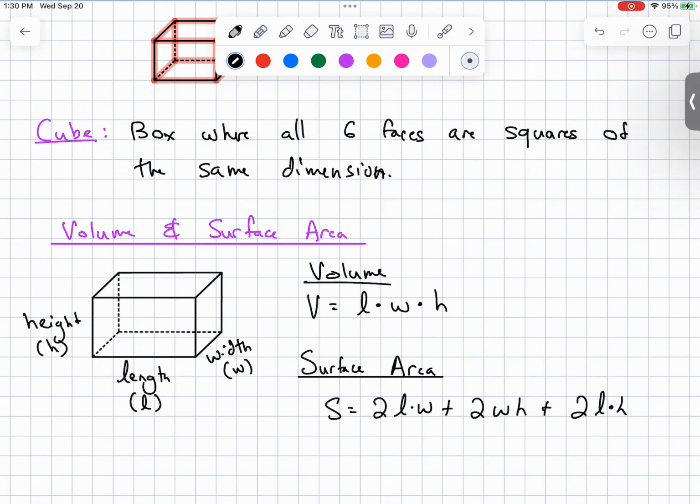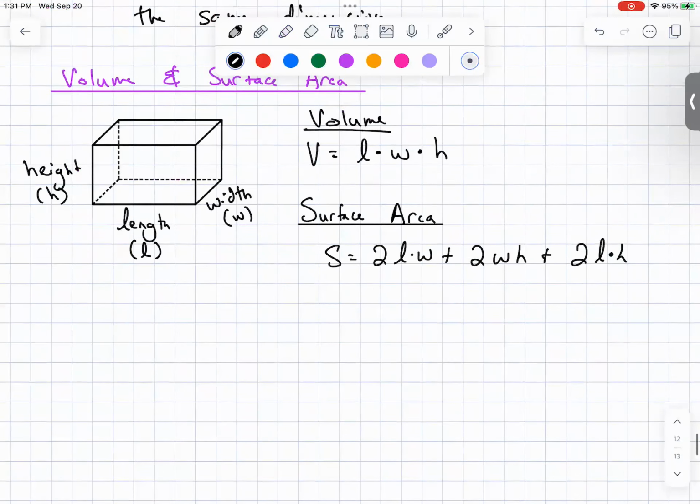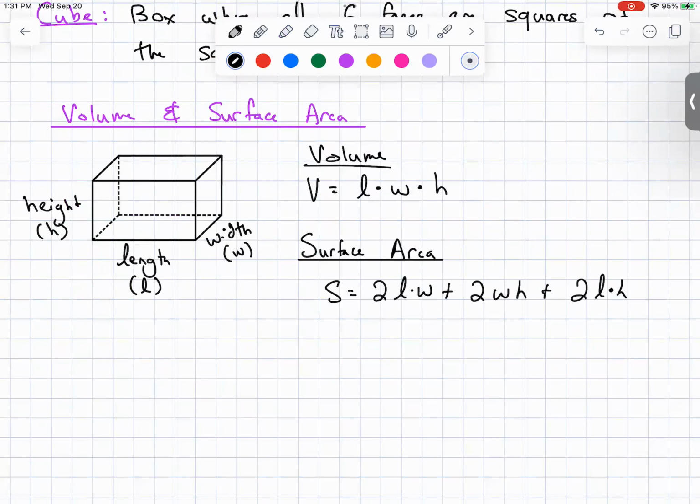So you can memorize this formula if you want to, or you can just realize that you're adding up the area of 6 different rectangles and do that. Either way is fine, but that is the formula for those.